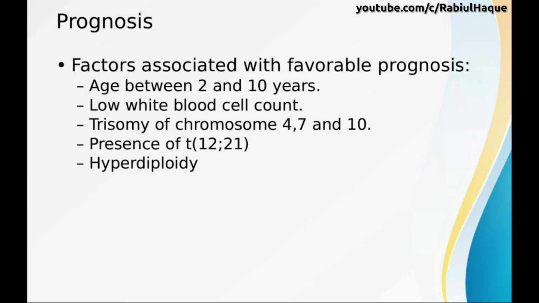So what are the factors that are associated with favorable prognosis? They will include age of presentation between 2 to 10 years, low white blood cell count, trisomy of chromosome 4, 7, and 10, presence of translocation between chromosome 12 and 21, and hyperdiploidy.